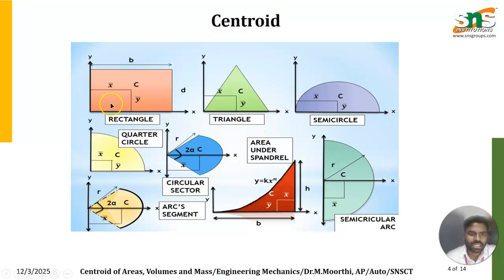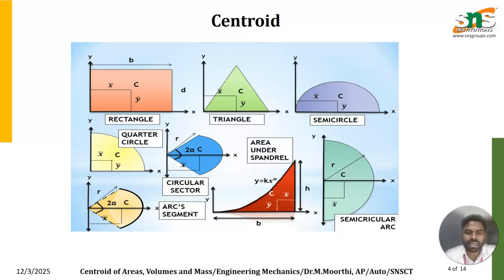The centroid we can consider as x bar and y bar. The midpoint of the rectangle is the centroid. If the x centroid is x bar and the y centroid is y bar, then b by 2 is x bar and d by 2 is y bar. Similarly for a triangle, we should consider the concept of 1 by 3 and 2 by 3.